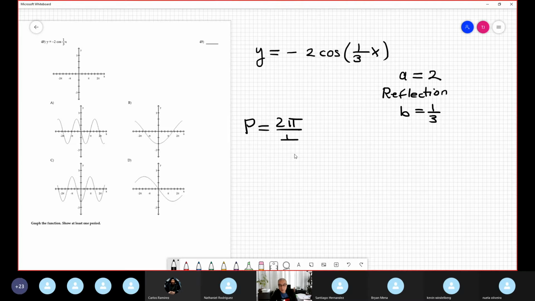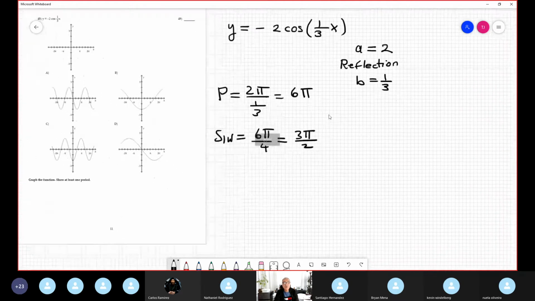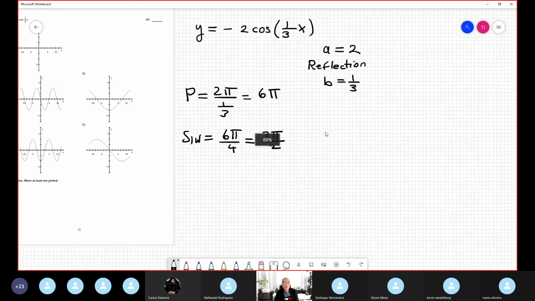Okay, 2 pi over 1/3. It's 6 pi. And the subinterval width is 6 pi divided by 4. Okay, when you reduce to the lowest term, it's 3 pi over 2. This is classical, right? Yes or no? It is.